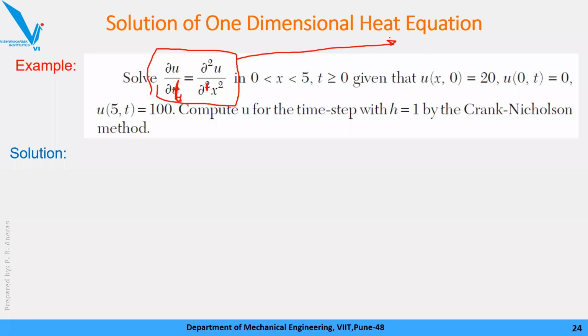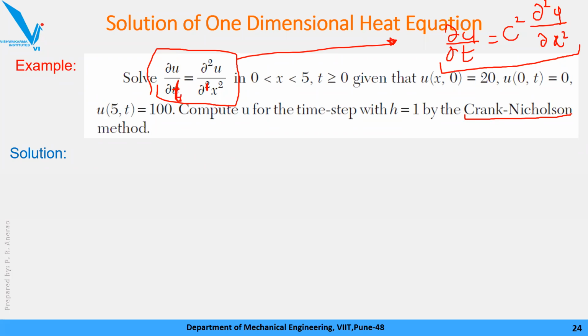Now if you compare that equation with the heat conduction problem, you have dou u by dou t equal to c square dou square u by dou x square. This was your one-dimensional heat conduction equation. As they have told you to go for the Crank-Nicolson method, it means this partial differential equation is parabolic, and Crank-Nicolson is implemented there.